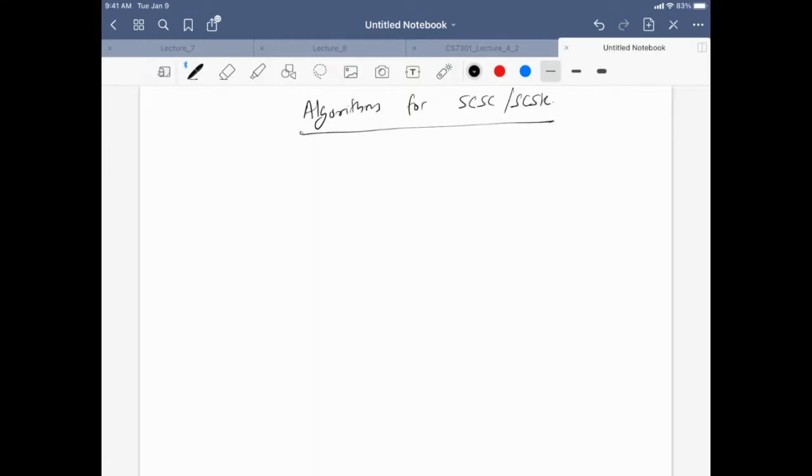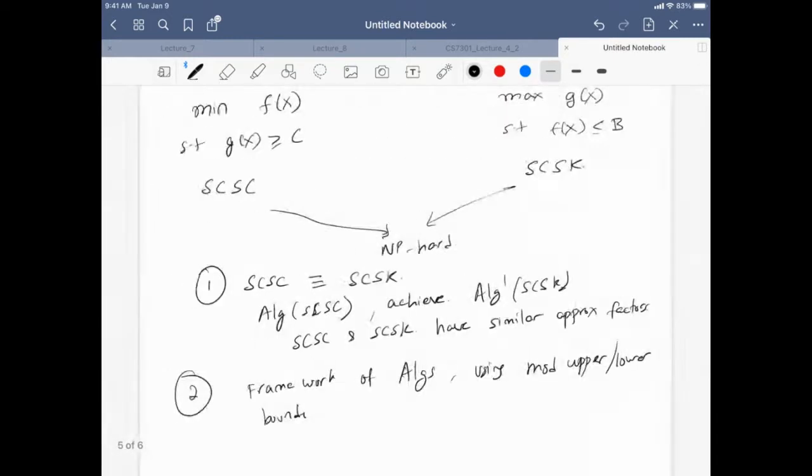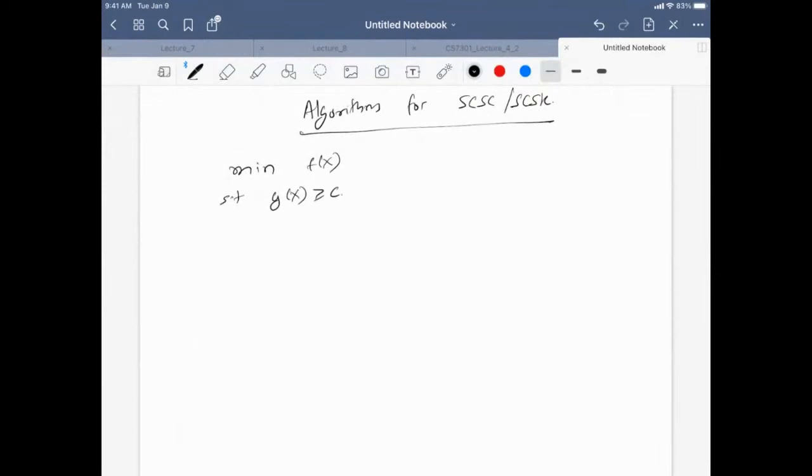Okay. So again, you have a majorization minimization type flavor. Imagine that you are trying to do the first version, which is minimize f of x subject to g of x greater than or equal to c.